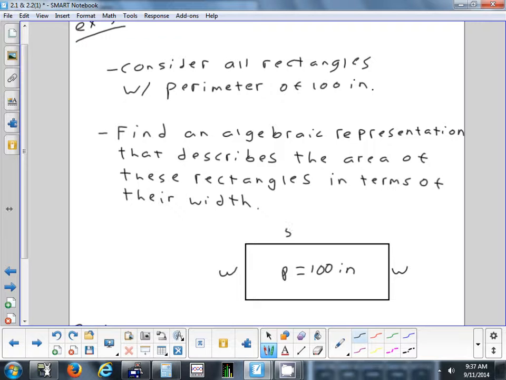Yeah, it would be 50 minus W for the top and the bottom. Okay, the reason it's 50 minus W is because you have 100 minus W minus W. That's 100 minus 2W. That's the amount of material you have left, and it has to be split equally on the top and bottom. So it's 100 minus 2W divided by 2.